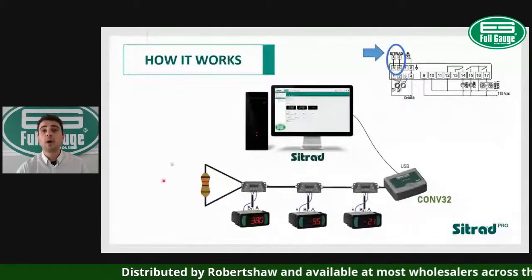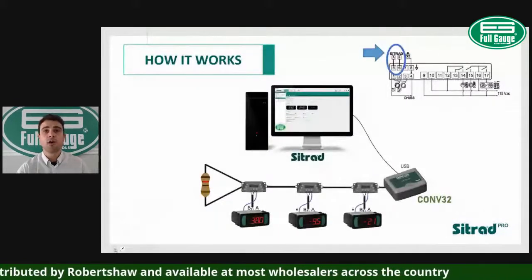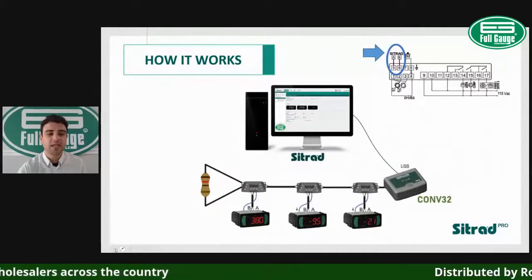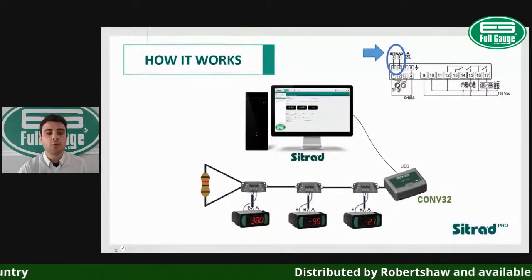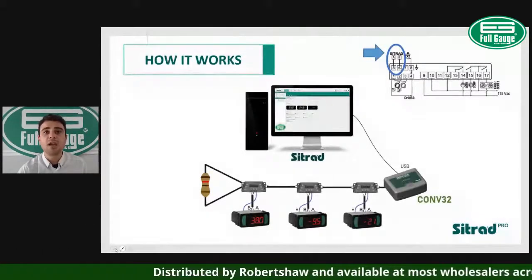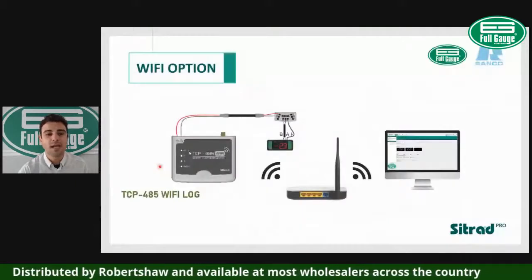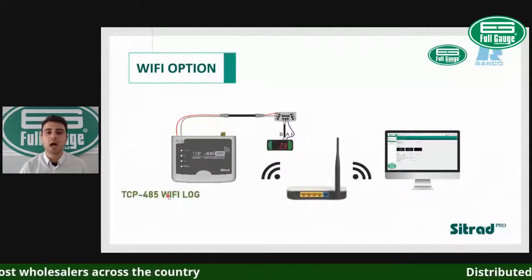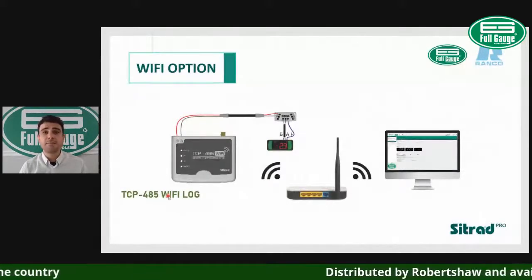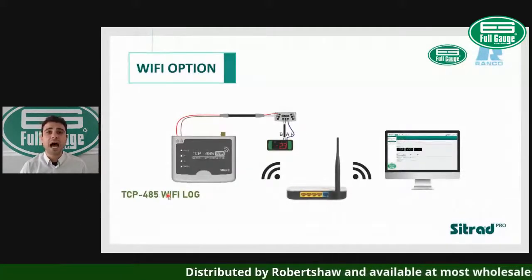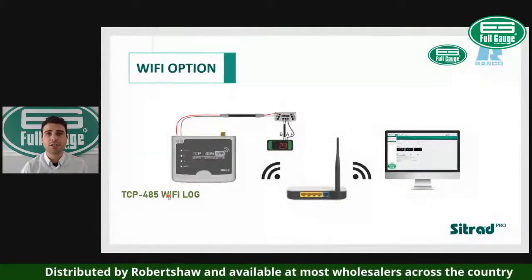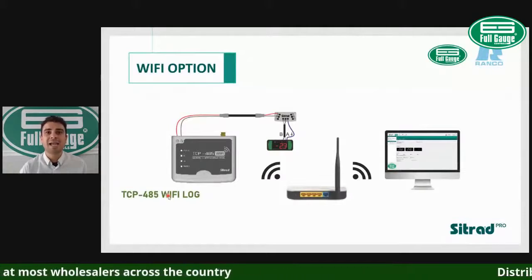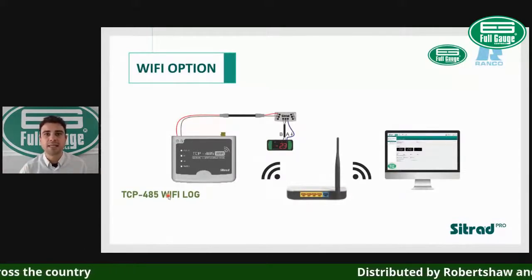But let's say you don't want to have hardwire running all over the place, or you cannot run hardwire all over the place. We provide an option called TCP 485 Wi-Fi Log. What is the TCP 485 Wi-Fi Log? That's basically a TCP/IP type of converter, which means my converter has its own IP address.